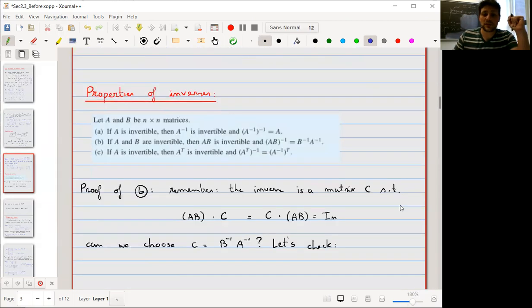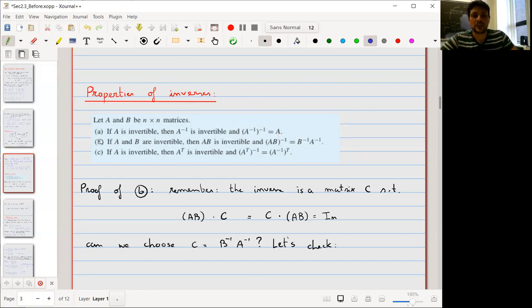Let's have a look at some properties of inverse matrices. There are these three essential properties. If a matrix is invertible, then its inverse is also invertible, and the inverse of the inverse is the matrix itself. This is very plausible if you think in terms of undoing operations.